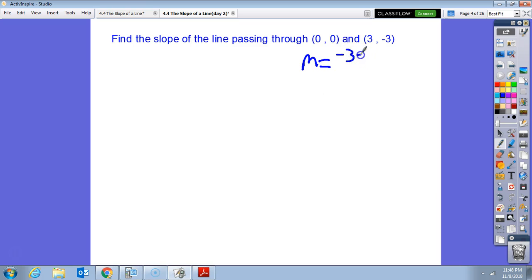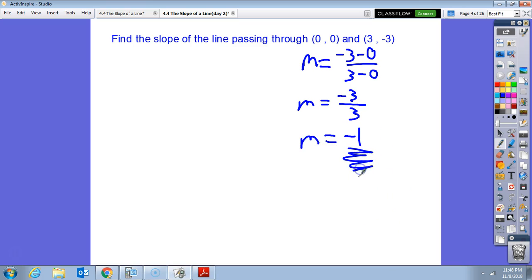Negative 3 minus 0, y2 minus y1, over x2, 3, minus 0, x2 minus x1. What is negative 3 minus 0? Negative 3. What is 3 minus 0? 3. So negative 3 divided by 3 is negative 1.